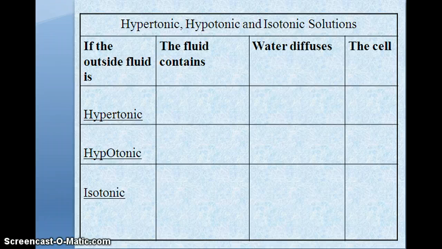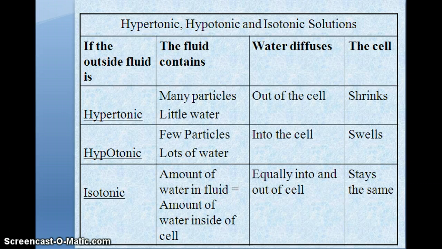If we look under the terms of water, and we see in the third column over, it mentions water diffuses. All three of these solutions, hypertonic, isotonic, and hypotonic, all three of these involve water. So if we look at the next slide, hypertonic, many particles, little water.